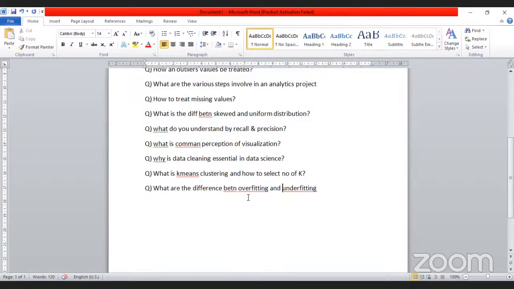In terms of bias and variance, low bias and low variance is our best fit model. High bias and high variance means the underfitting model. Low bias and high variance is the overfitting model. Getting it?